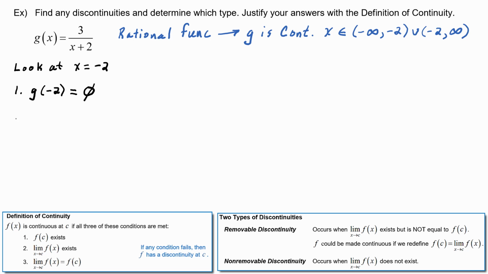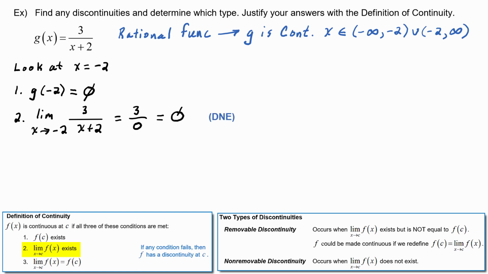That's decided by the limit, so we go on to step 2. We have to do the limit as x approaches -2 of 3 over x plus 2. When we try direct substitution here, this turns into 3 over 0, which of course we know does not exist.